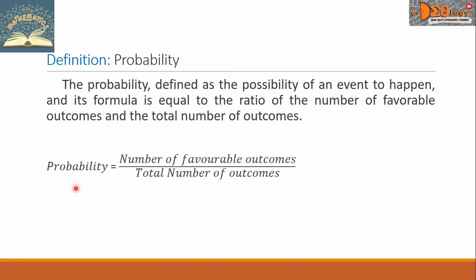In symbols, we write probability equals the fraction, where the numerator is the number of favorable outcomes, over the denominator, the total number of outcomes.